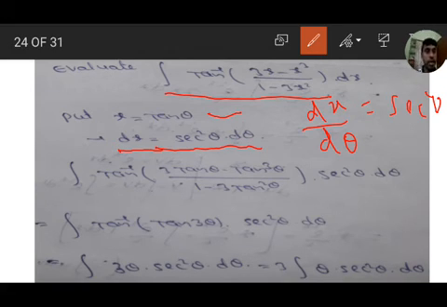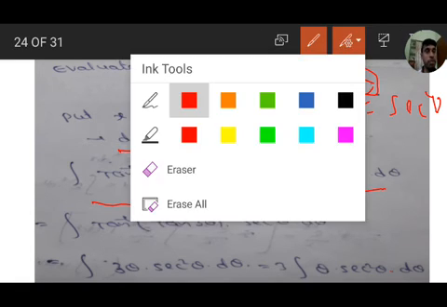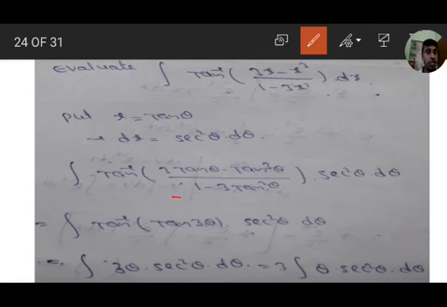Substitute in the integration: tan inverse of (3 tan theta minus tan cube theta) by (1 minus 3 tan square theta) into dx, that is sec square theta d theta. Simplifying, this can be written as the tan 3 theta formula.